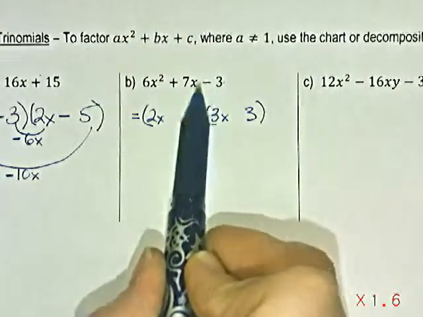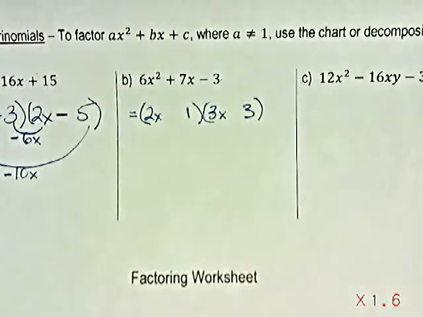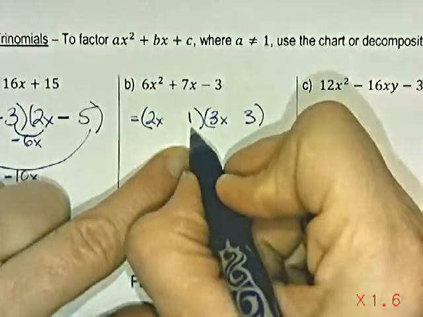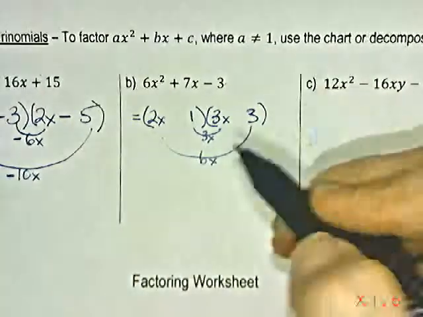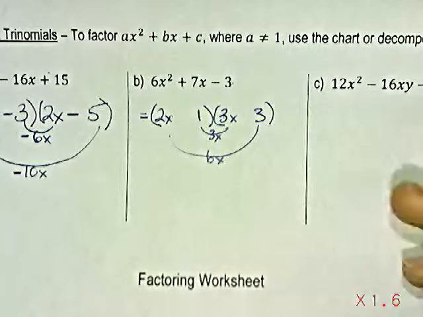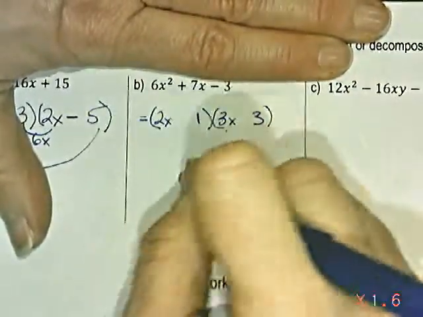Signs are opposite, and the larger FOILed term will be positive. Let's just see. A 3x and a 6x. I am not going to be able to make a 7 out of that. And so I try one of my other 4 possibilities.